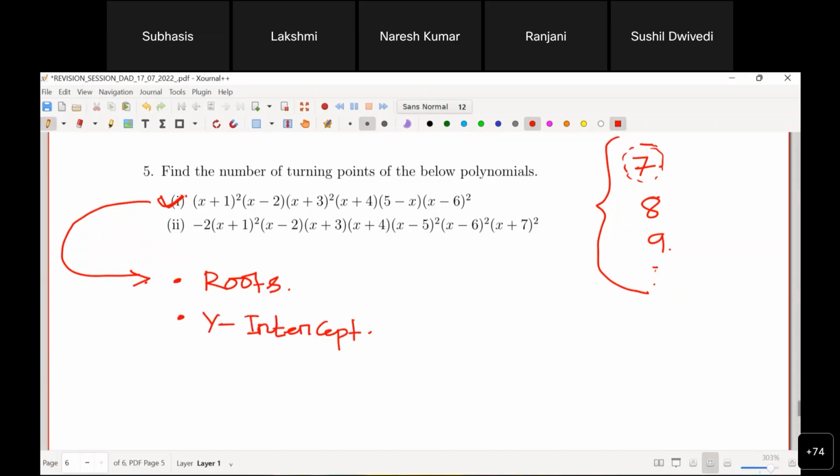And the last thing, which is quite crucial, is the end behavior. For this polynomial, actually, it's really easy. For a polynomial of this form, it's really easy for you to find the roots. So the last crucial thing is the end behavior.